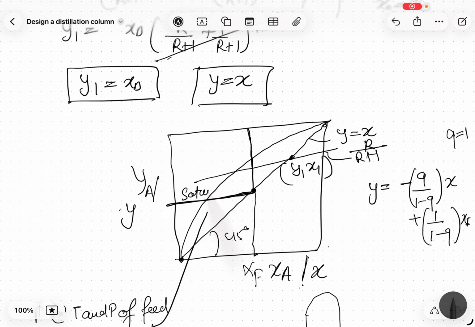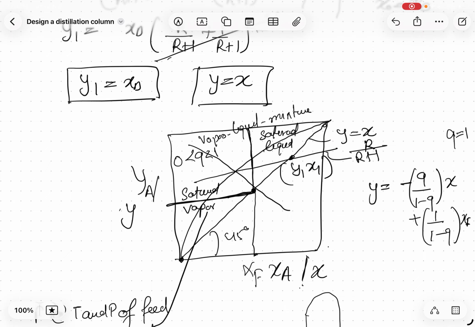Here is saturated vapor, this is saturated liquid, and somewhere in between you have a line. If we have a vapor-liquid mixture, Q is between 0 and 1, which is generally the case.